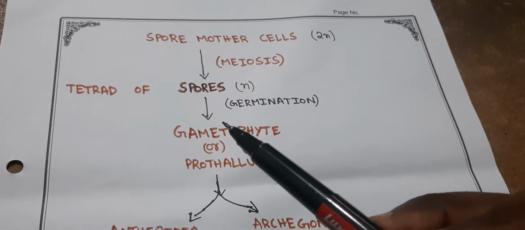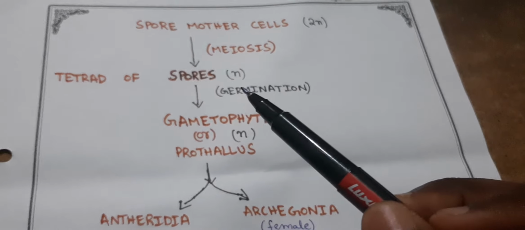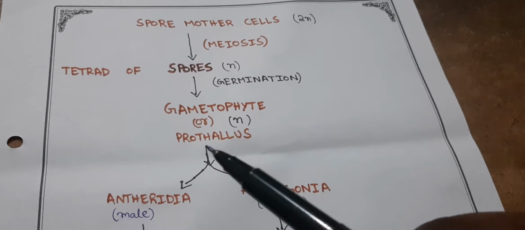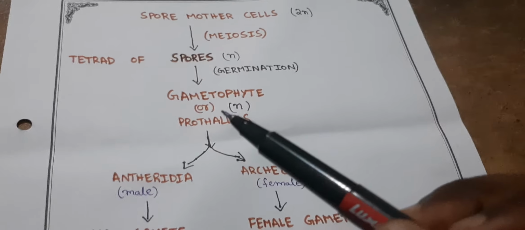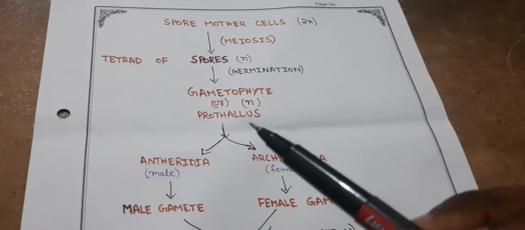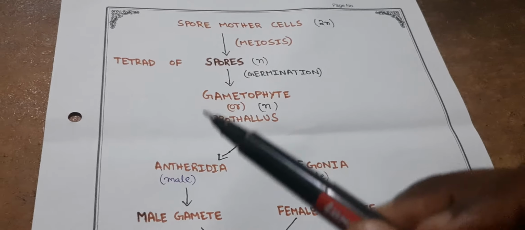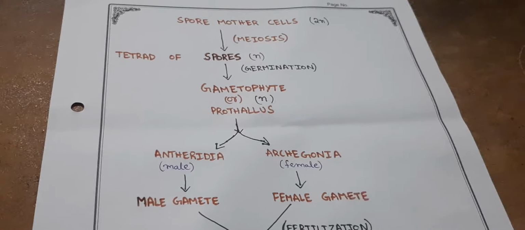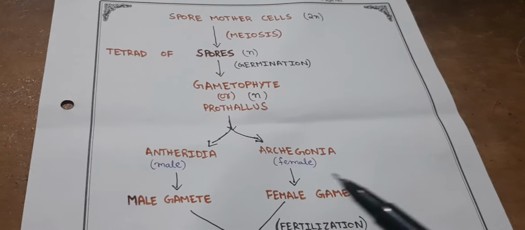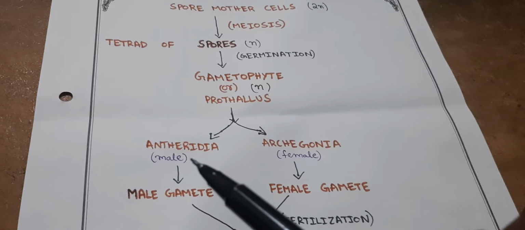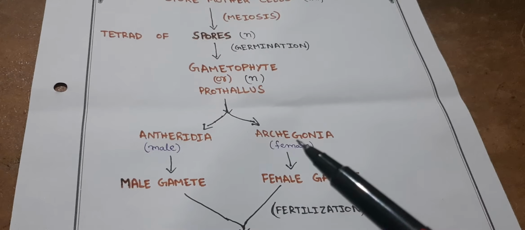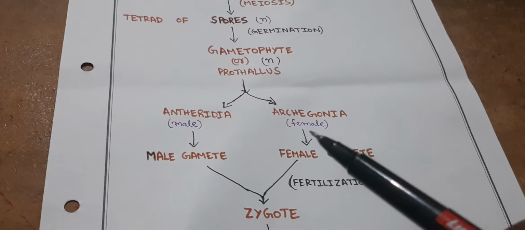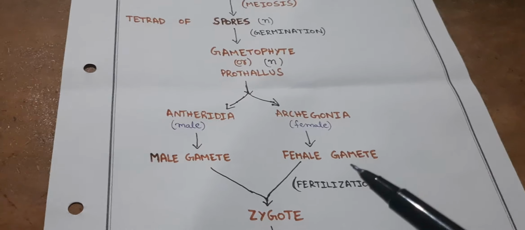Okay. These spores on germination give rise to gametophyte, which is also known as prothallus. This gametophyte bears male and female reproductive organs, antheridia and archegonia. Antheridia is the male reproductive organ and archegonia is the female reproductive organ. Antheridia releases male gamete and archegonia releases female gamete.